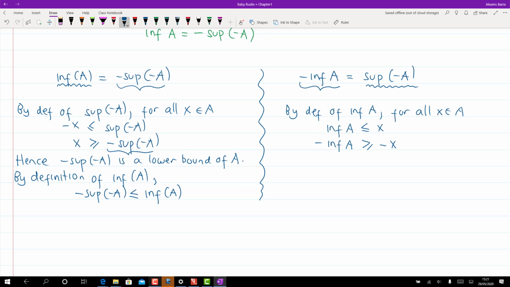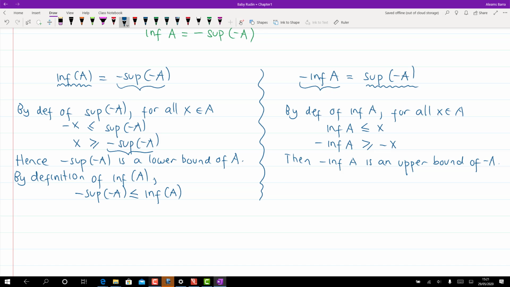And this holds true for all x in A. So this tells us that minus the infimum of A is an upper bound for all elements of this form. But the set of all elements in the form minus x is minus A. So it's an upper bound of minus A.